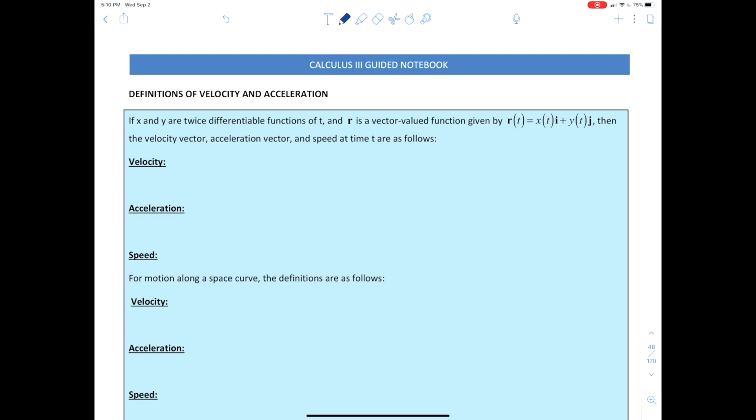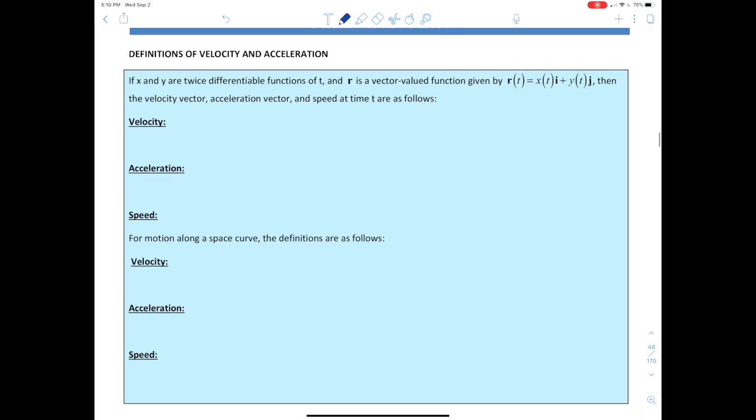Okay, so now let's look at the definitions of velocity and acceleration. If x and y are twice differentiable functions of t, because remember, acceleration is the second derivative of some position function, and r is a vector valued function given by r(t) = x(t)i + y(t)j, then the velocity vector, acceleration vector, and speed at time t are as follows.